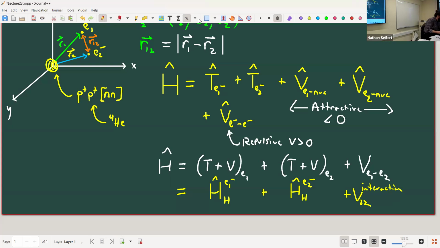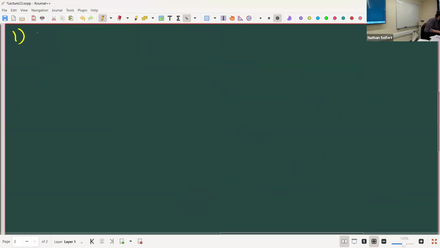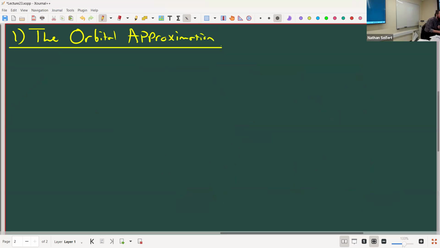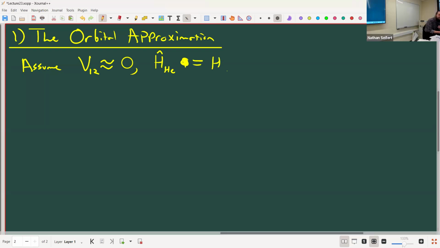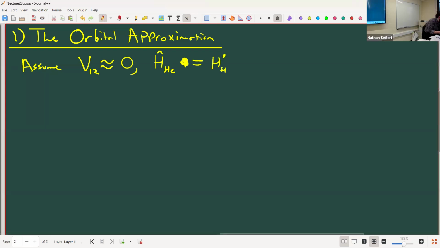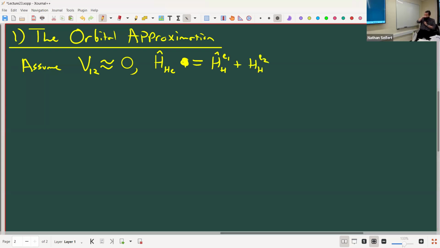Okay, so let's go ahead. And this approximation I like to call the orbital approximation. What we're going to assume is that V12 is basically zero, so that the Hamiltonian for the helium atom looks like the hydrogen Hamiltonian for electron 1 plus the hydrogen Hamiltonian for electron 2.